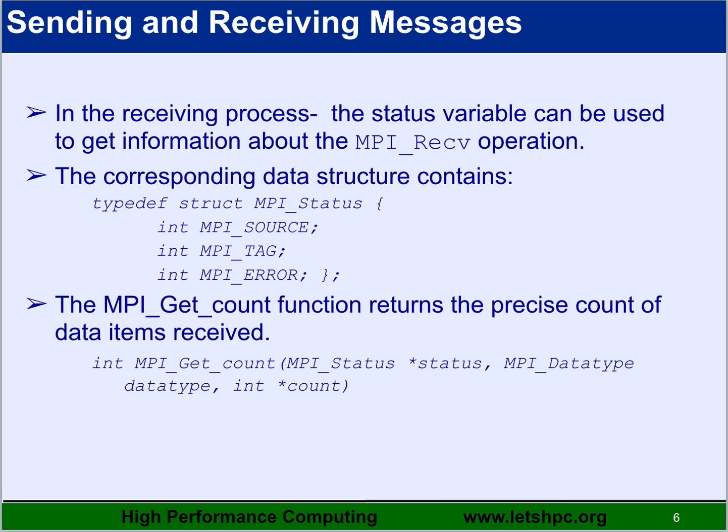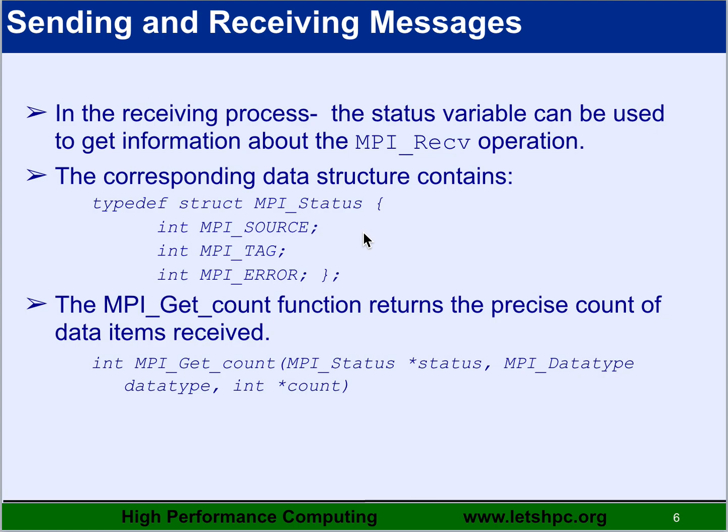It is a data structure which contains information regarding the source, the tag, and the error, so you can also understand what kind of error has happened. We can use the contents of the source, the tag or the error in this MPI status argument.